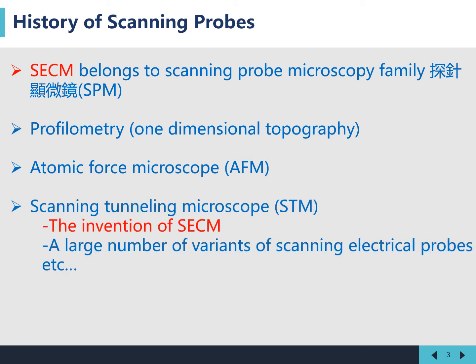The other type of SPM is scanning tunneling microscope (STM). It inspired the invention of SECM, and a large number of variants of scanning electrical probes were invented as well.